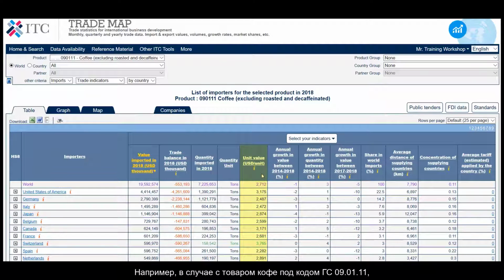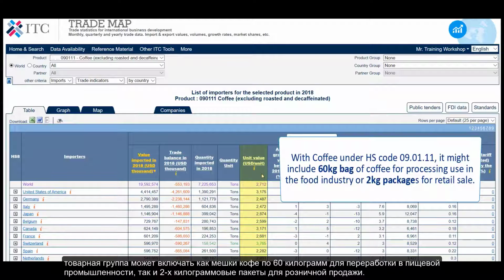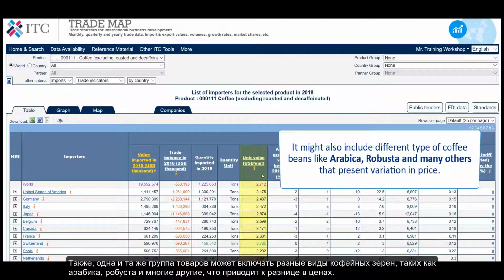For example, in the case of coffee under HS code 090111, it might include 60 kilogram bag of coffee for processing use in the food industry, or 2 kilogram packages for retail sale. It might also include different type of coffee beans like Arabica, Robusta, and many others that present variation in price.